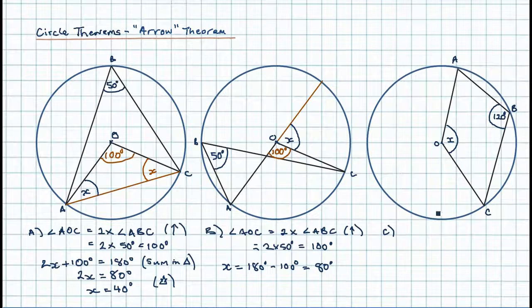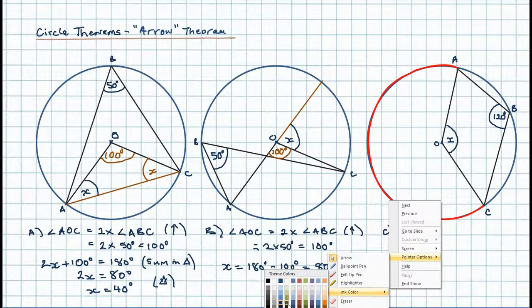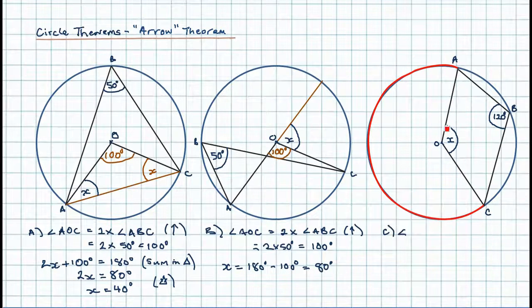So problem C, the angle at the center again is twice the angle at the circumference, but now we need to remember that because the arc, let's just indicate the arc, so the arc is all the way around here, because that's the same arc that these two angles share, then it's got to be this angle here. So let's just make that very clear.